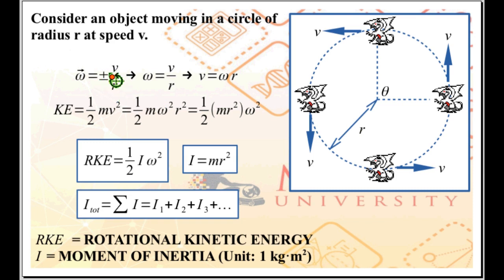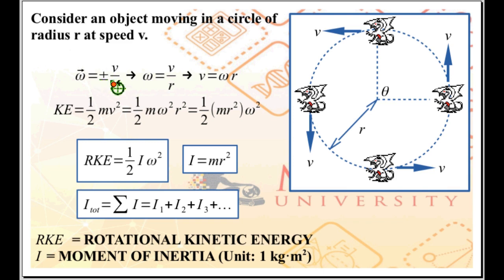Now, the plus minus sign refers to the direction of the angular motion. Positive if the object is moving in the counterclockwise direction, and negative if the object is moving clockwise. The magnitude of the angular velocity, for the most part, is the angular speed, equal to v over r.